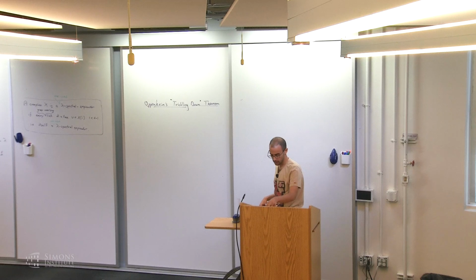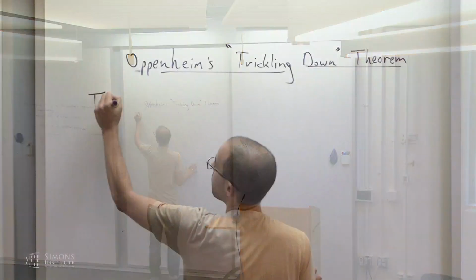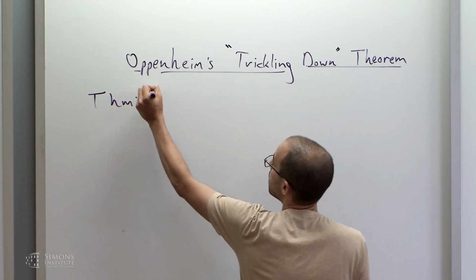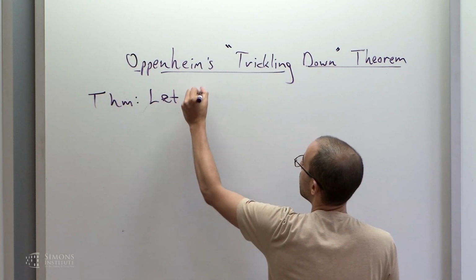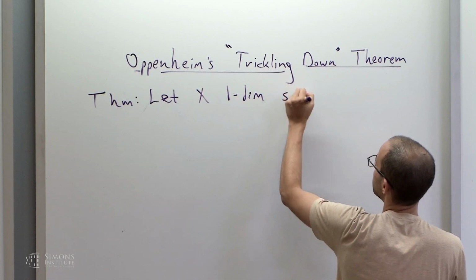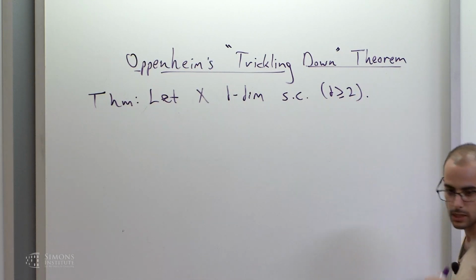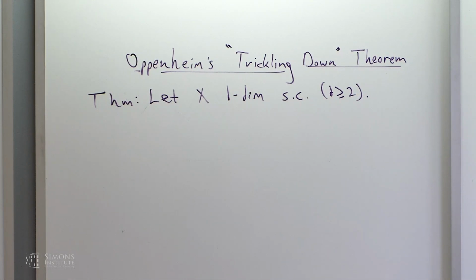So let me just state the theorem and then we'll discuss it a bit. Suppose we have a d-dimensional simplicial complex X, and we should think of d to be at least 2. It's okay to keep in our mind just the case where d is equal to 2, so all we care about is vertices, edges, and triangles.